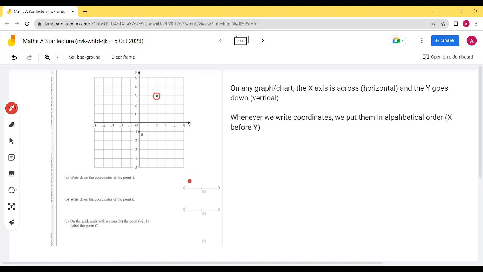So we put our coordinates in alphabetical order, x first, y second, and the coordinates for A are 2, 3. Equally, we need to do the same for B. B, as you can see, is on the y-axis, which means x equals 0. We still do x first, y second, so it's just 0, -1.